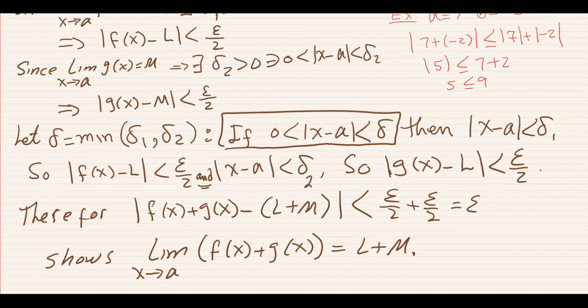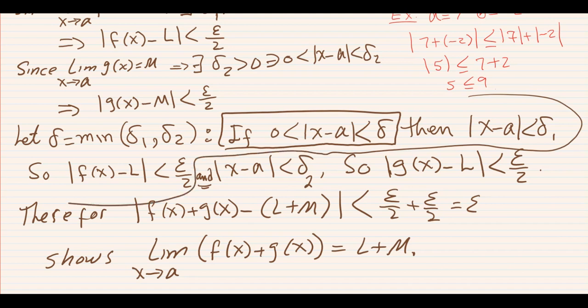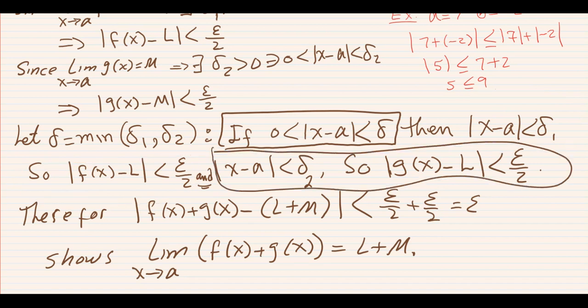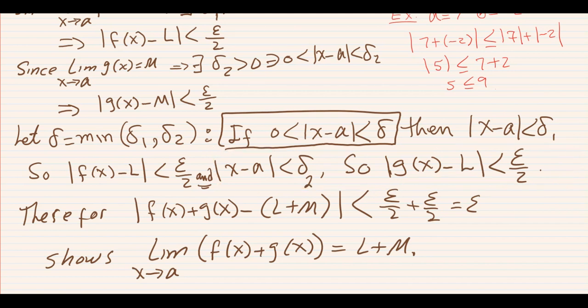Again, both of these statements, this one, and then separately this one, both of these are true by the definition of the limit of f of x and g of x.